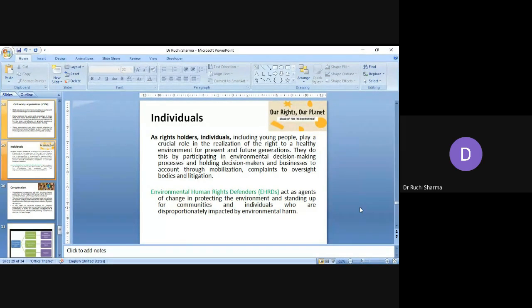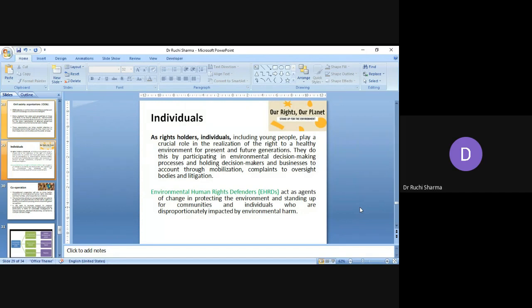These are the agents of change in protecting the environment and creating awareness in society. From our Indian perspective, we had the movements where the people started hugging the trees, and as a result, the forest cutters who went into these areas refrained from it and stopped cutting the trees.